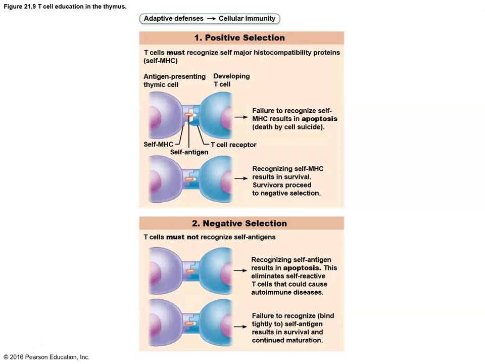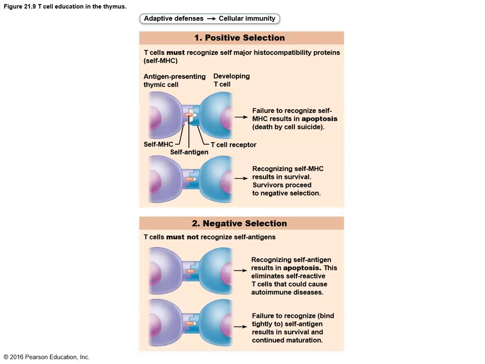There are a couple of different steps they go through to achieve this. In this scenario, T cells would go to the thymus. We'll see the thymus a little later as an endocrine system function, but right now we're talking about it teaching white blood cells what to do and how to identify things. The first step is called positive selection.